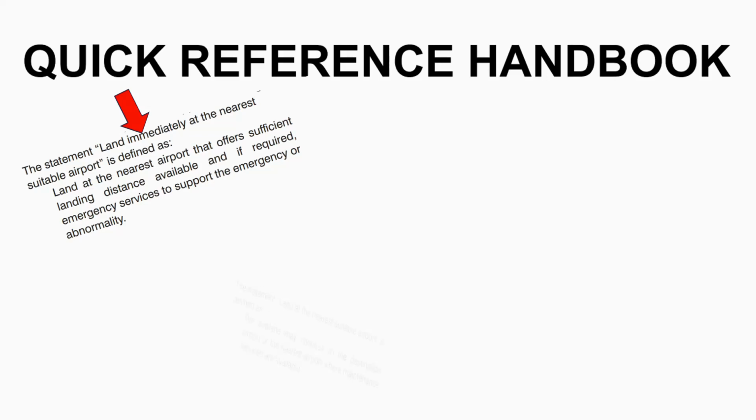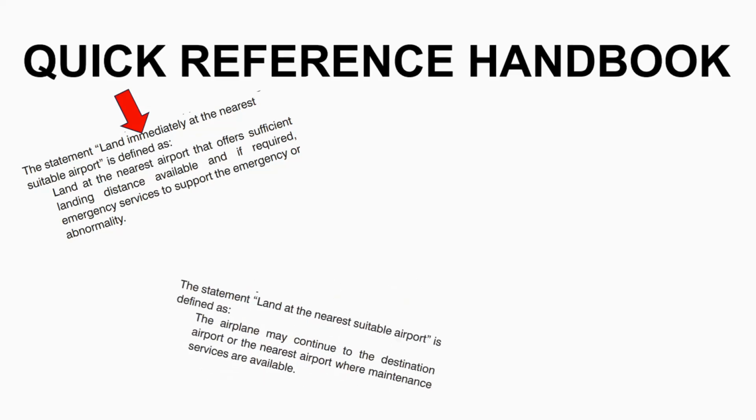Okay, the other one we have in the QRH is "land at the nearest suitable airport", which is defined as the airplane may continue to the destination airport or the nearest airport where maintenance services are available. So in this particular case, on the Q400 FMS, you have a page on the performance page.